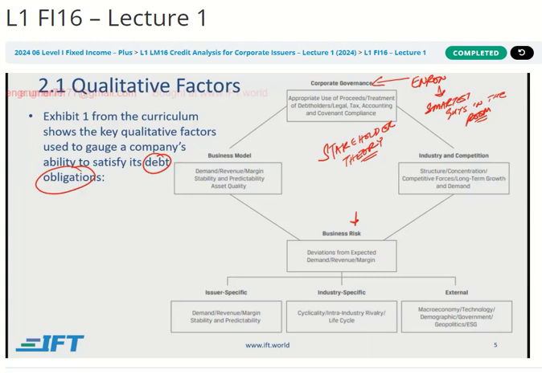So we want to see good corporate governance to start with, where the board of directors does not consist of only shareholders and senior management of the company. It also has independent directors who will be unbiased and will try to protect the interest of the debt holders, right?